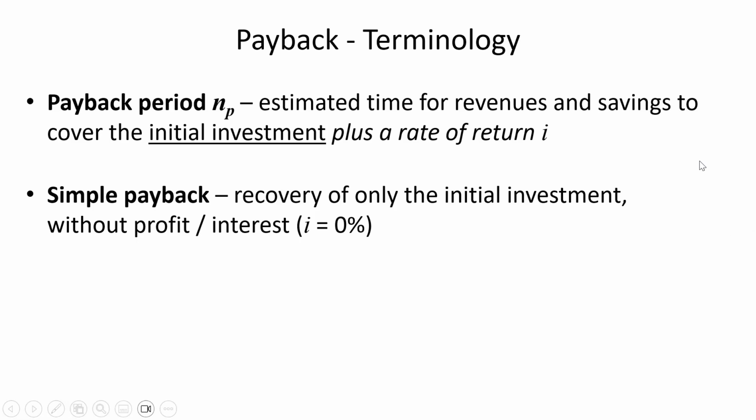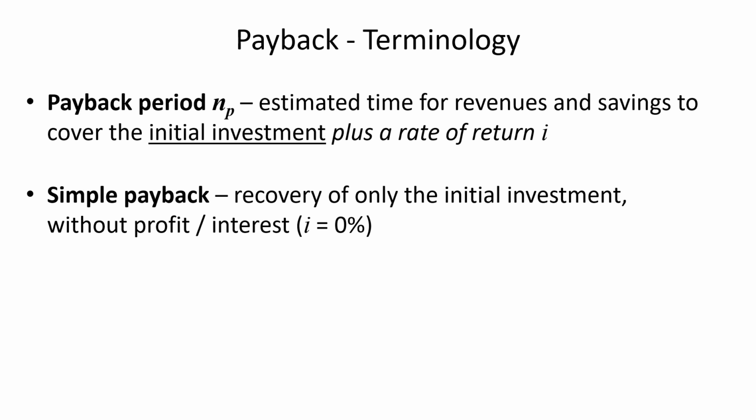Simple payback is pretty rare because it's not very often you can borrow money for 0%. Your parents might give you a 0 interest loan, but no bank ever will. Simple payback would be how long it would take to pay off the initial investment if there was no profit that had to be satisfied.